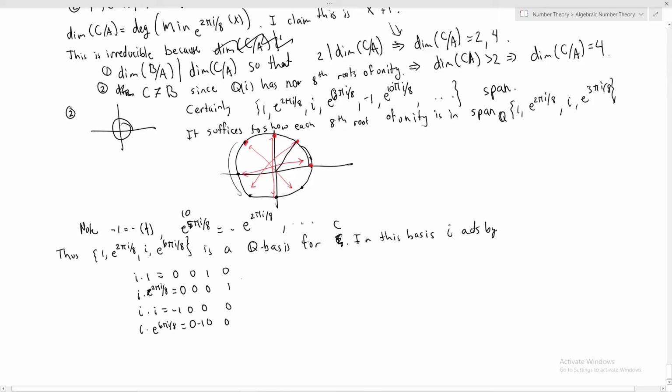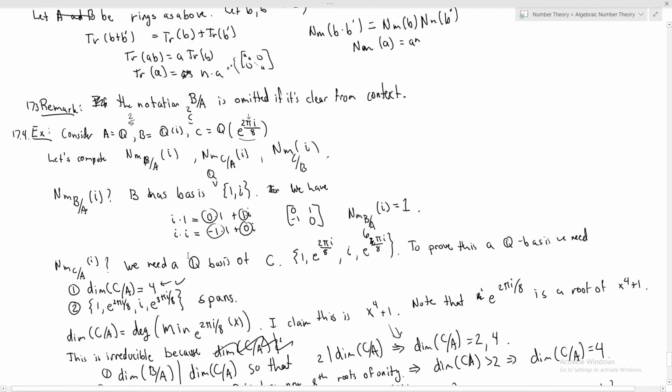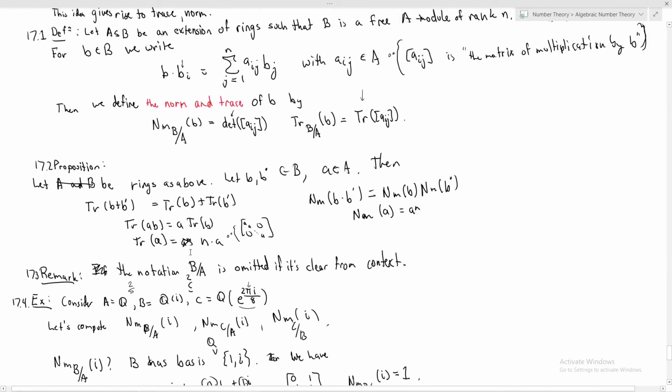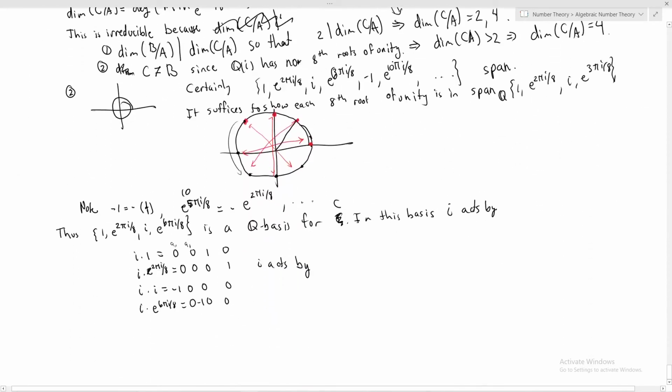Okay, so we can compute the determinant. Let me just think, I want to get this right. According to this formula up here, it should be... okay, so actually no, this isn't transposed.